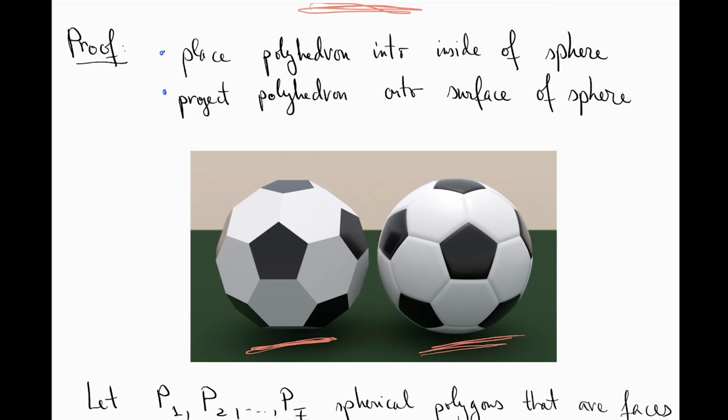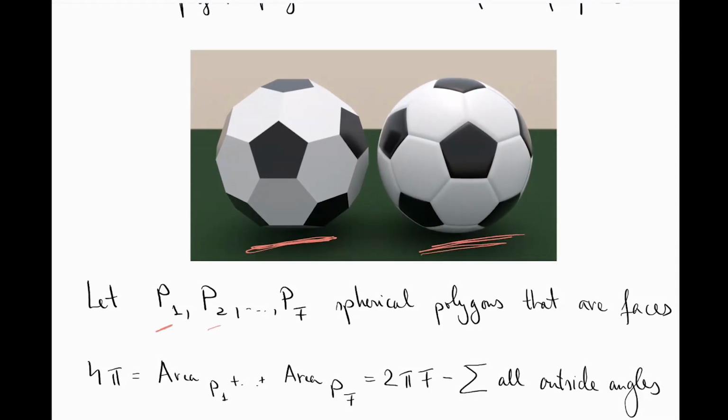So what do I mean? So let P1, P2, all the way to PF, be the spherical polygons that are the faces of our spherical polyhedron, right? So in case of the soccer ball, P1 to PF will be a bunch of spherical hexagons and spherical pentagons. Right.